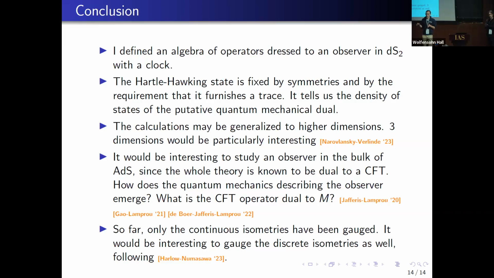So O_R is to be viewed as a building block for other dressed operators. Another way to get dressed operators would be to replace phi with normal ordered phi squared. So really the algebra should be built using all of the dressed operators. And the cyclicity of the trace also works for replacing phi with normal ordered phi squared. And no, N of S is just part of the definition of the Hartle-Hawking state. That's not going to change.